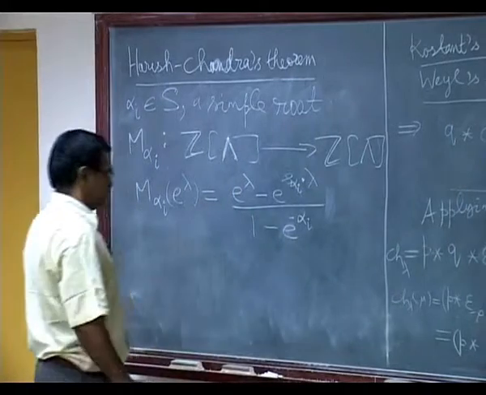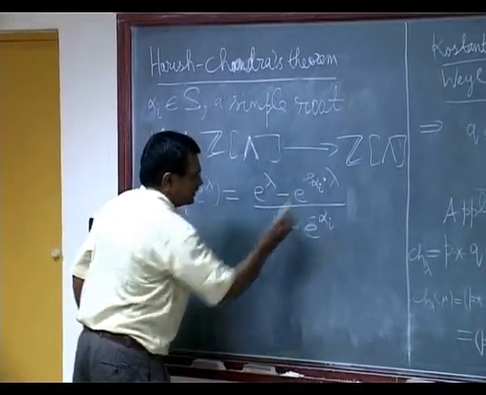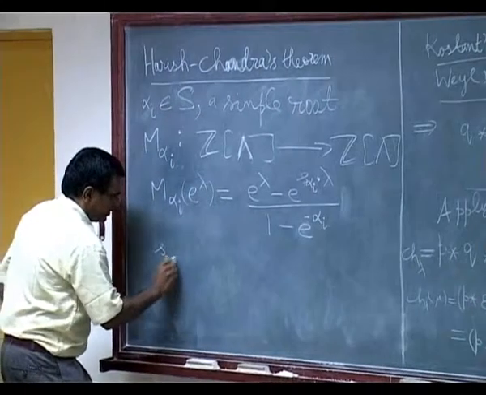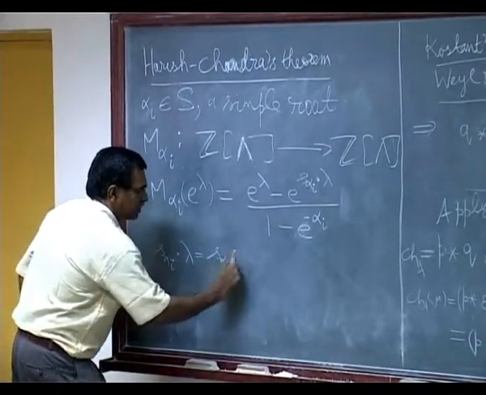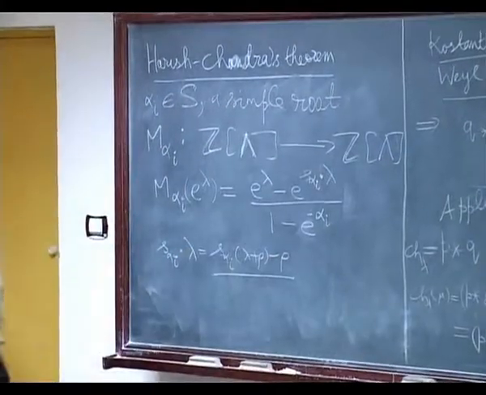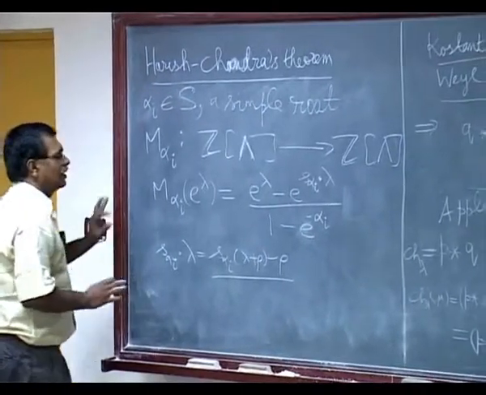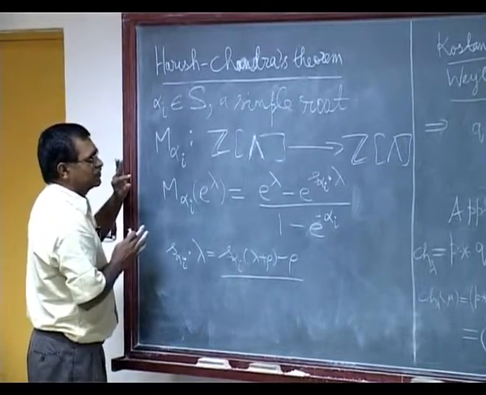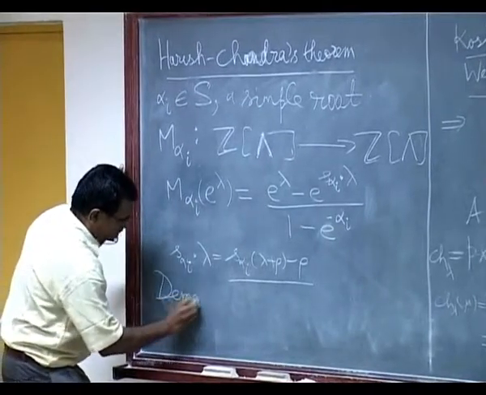So, this dot is of course the S alpha I dot lambda, this is S alpha I of lambda plus rho minus rho, sum of positive roots. Yeah. Now, the idea is due to Demazure.